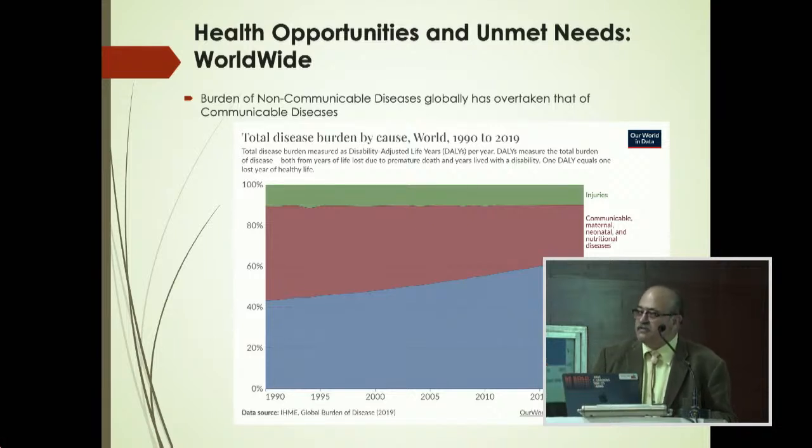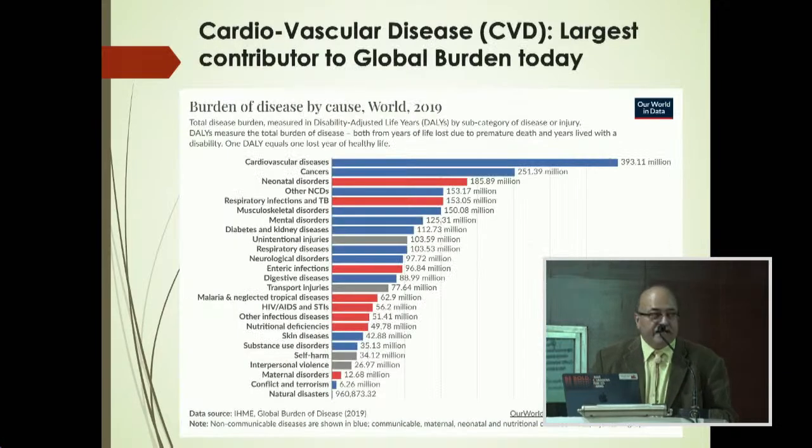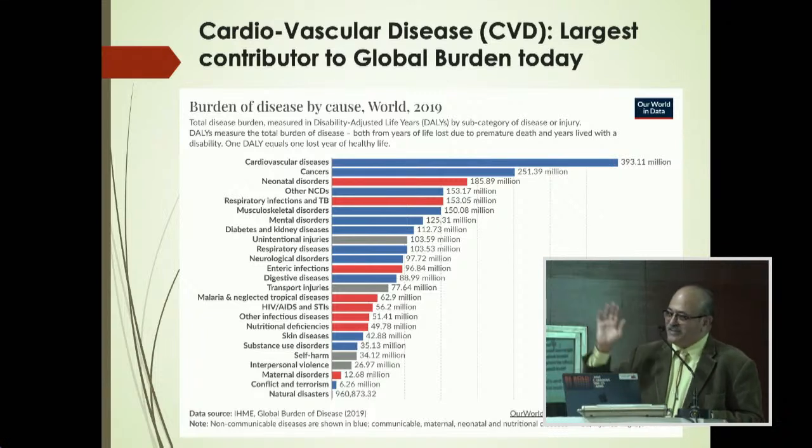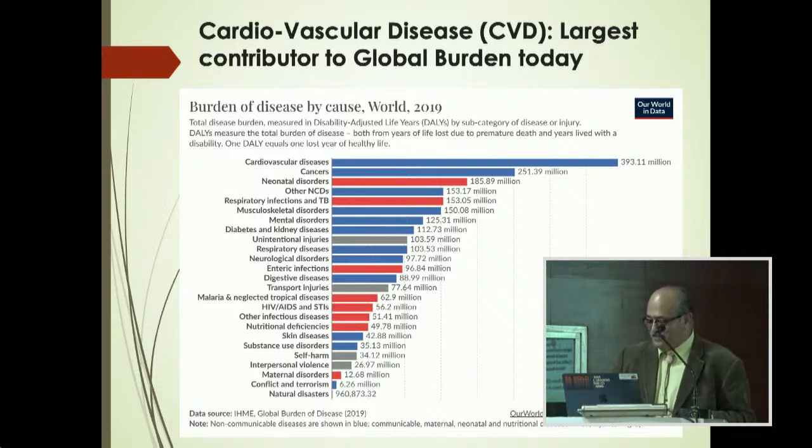We have solved, for the most part, the problem of communicable diseases, or at least they're a smaller proportion of what they used to be. And in my field, cardiovascular diseases are by far the global disease where things are having the most impact.